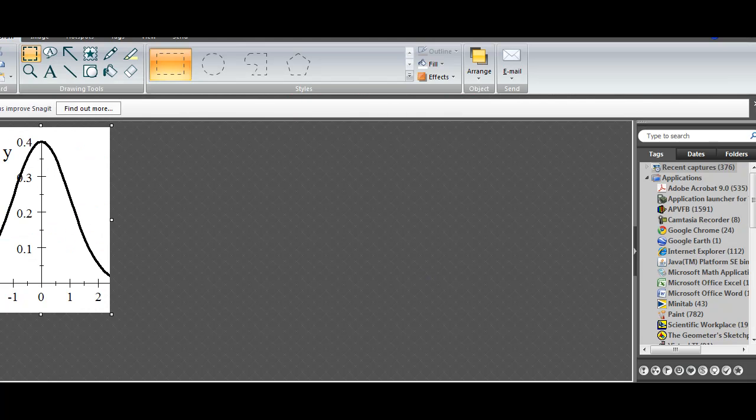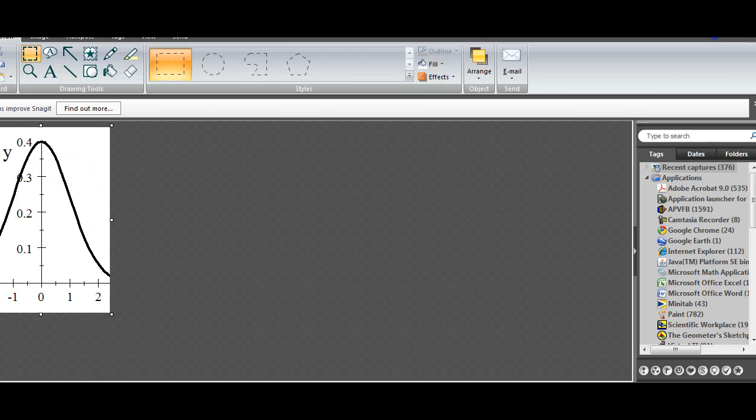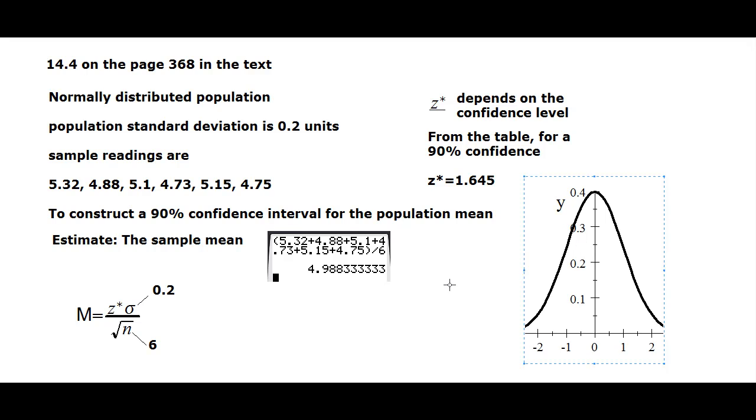So now, if I don't have a table, no problem, I have my calculator, right? Since I have my calculator, I can use it to get that Z star directly. How? I know this, though I'm sort of cheating a little bit because I already know what that is.